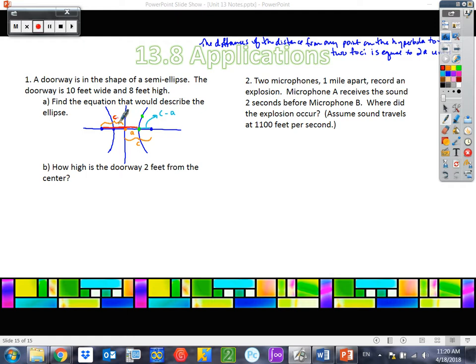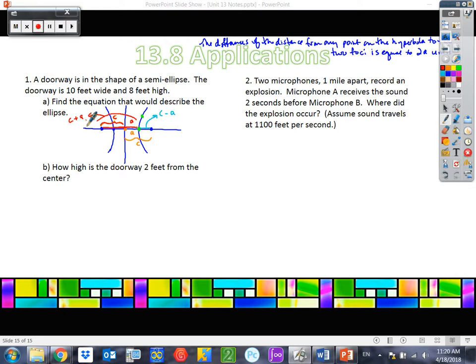So this is C. We also know that this distance from here to here, because we're trying to measure this whole distance in red, is A. So this side is measured as C plus A.